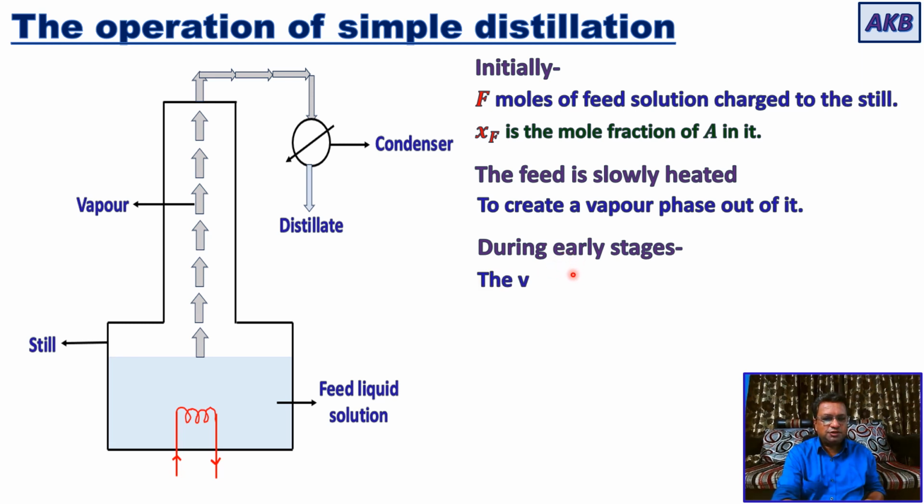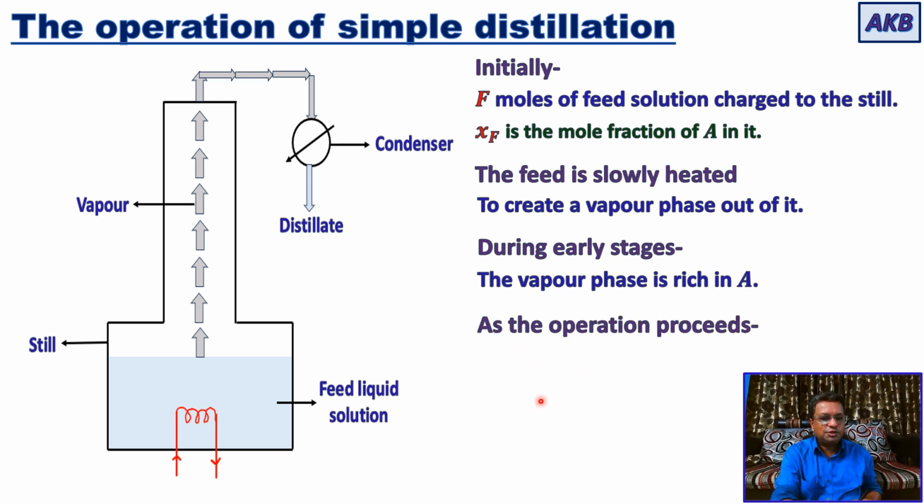During early stages of the operation, what happens? The resulting vapor phase is rich in A. The vapors that are obtained will be containing majority of A. And what is the reason for that? The reason is A is the more volatile component, so it is going to get vaporized first. Are you understanding it? That's why during early stages the vapor phase is rich in A.